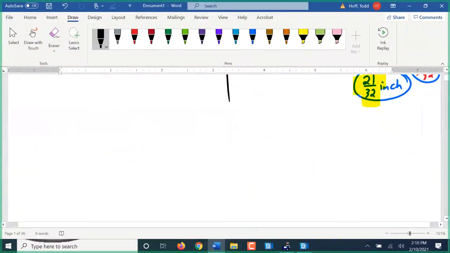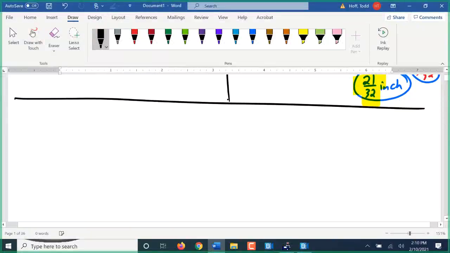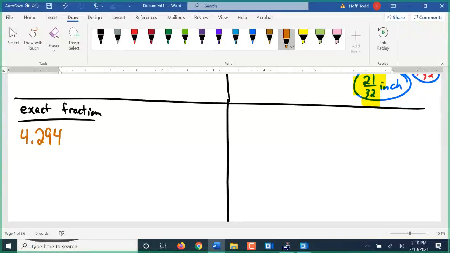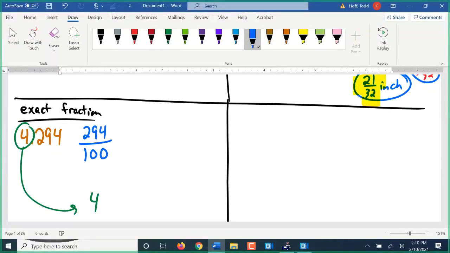One more example. So again, exact fraction on the left. Converting to an exact fraction, starting with 4.294. First, we have the whole number in front of the decimal point. As we mentioned, we're going to take that off, and we're not going to do anything with it. 0.294, well, that's 294 thousandths.